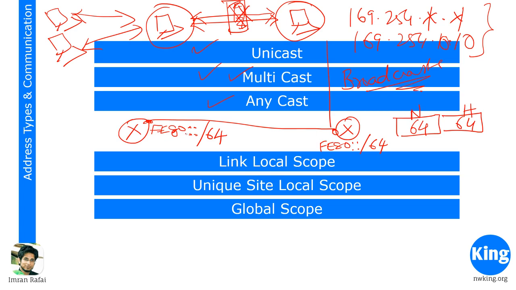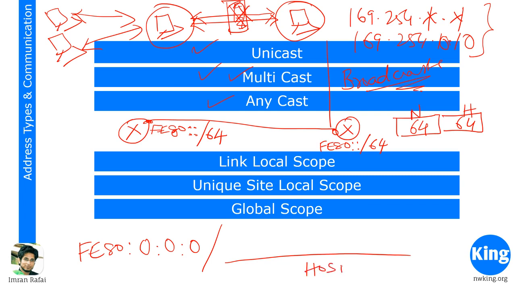So it is FE80 and 000, and then there is a host part. This host part is different for this device and it is different for this interface. Now this is automatically configured.